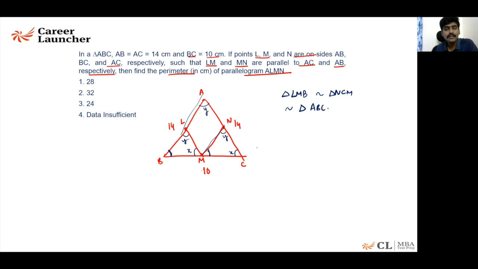That means these two triangles are also isosceles triangles. Given that, you can say that LB is equal to LM. Also, you can say that NC is equal to NM.